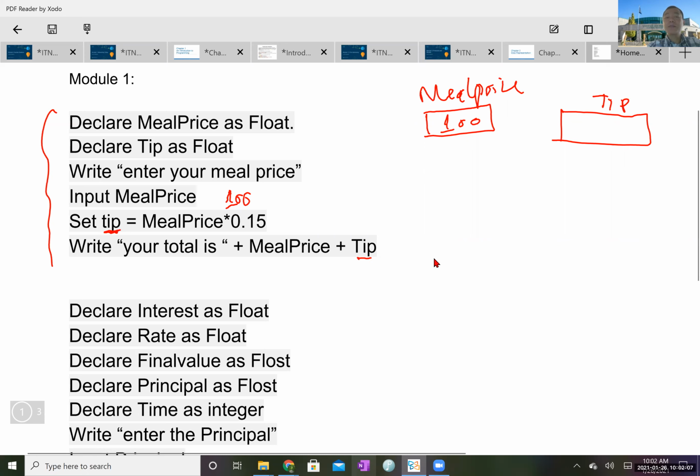You see, the t in tip here is in lowercase. So actually, it creates one more variable here. It is tip here. It's not the same as the Tip with the t in capital, right? So after the calculation and assignment here, you have 15 in this one. Now, when you write total is meal price, the meal price 100 here, plus Tip.